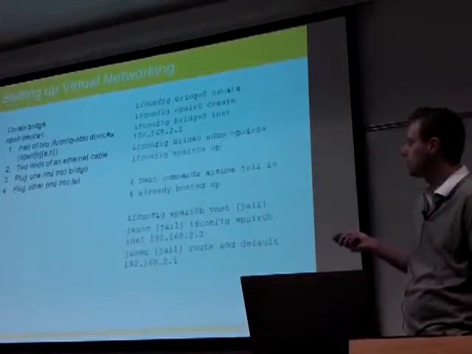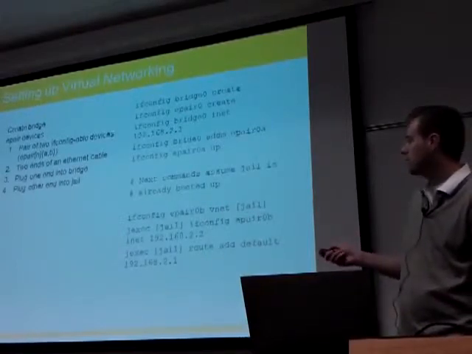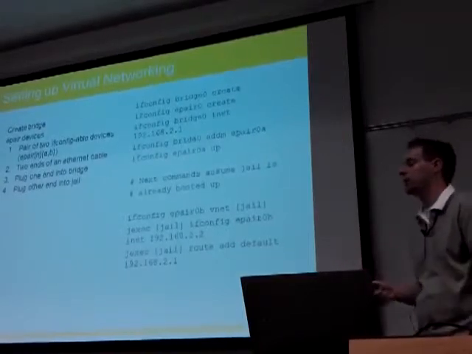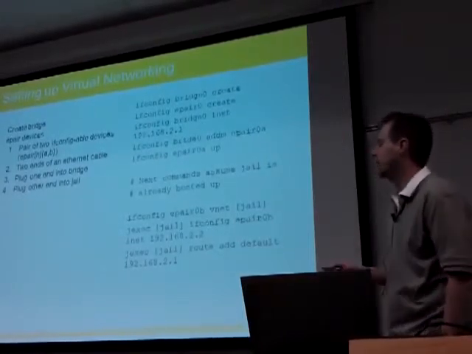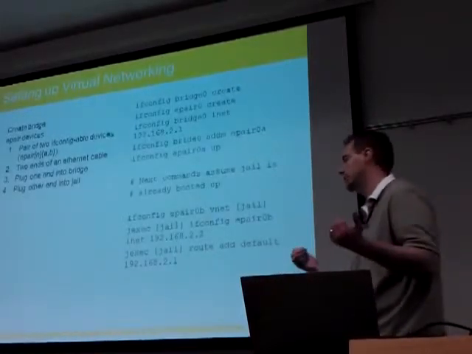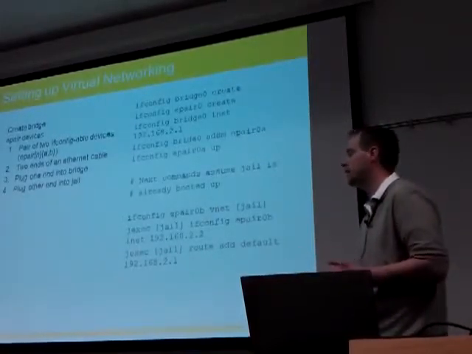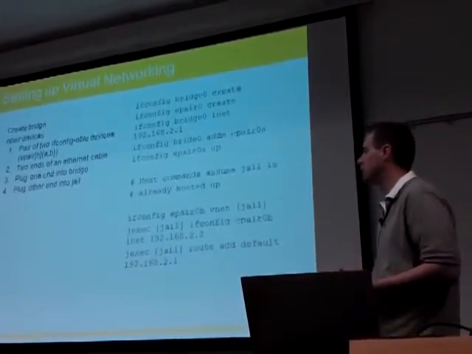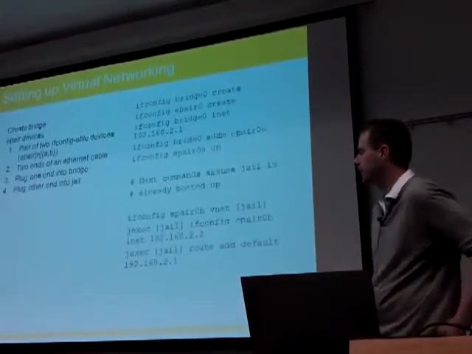The next commands down here assume that the jail is already booted up. In the next few slides, I'll show you how to boot up a jail. So you boot up the jail, and then you plug the B device, e-pair 0B, into the jail. The jail has to be booted up before you plug the e-pair device into it.